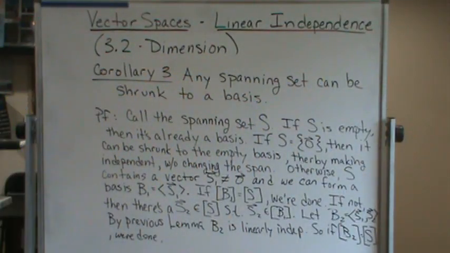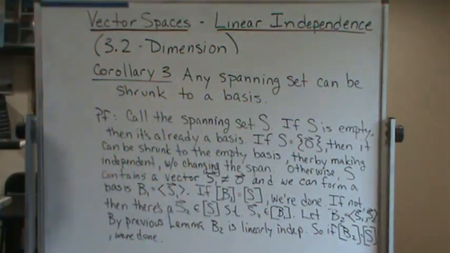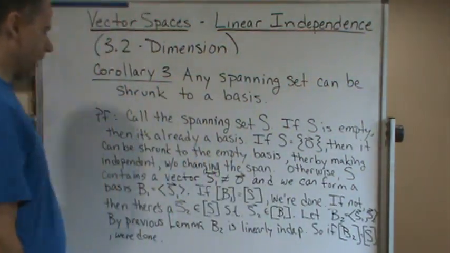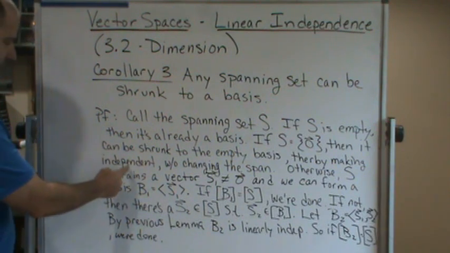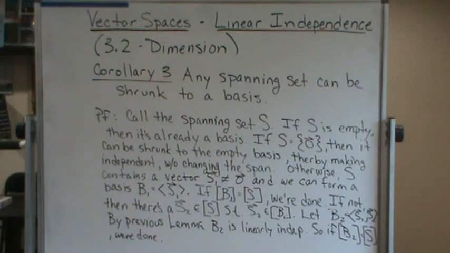So we're going to call the spanning set S. And so a couple of things to get out of the way. One is if S is empty, then it's already a basis and we're done. If S contains the zero vector, then it can be shrunk to the empty basis, thereby making it independent without changing the span, and thereby finding a basis.